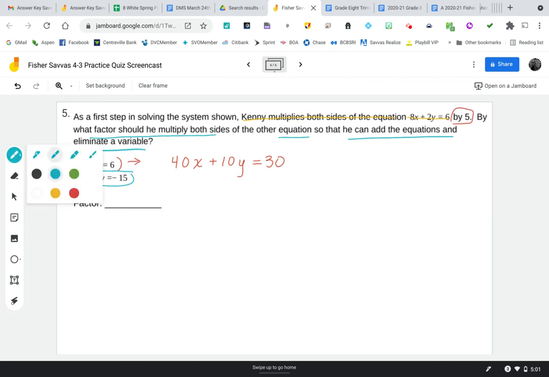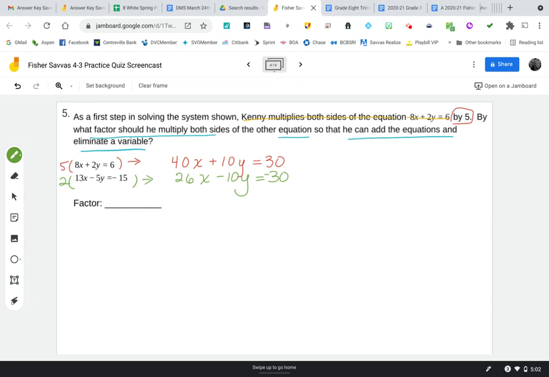Let's do that. So I'm going to multiply this entire equation by 2, which would give me 26x minus 10y is equal to negative 30.